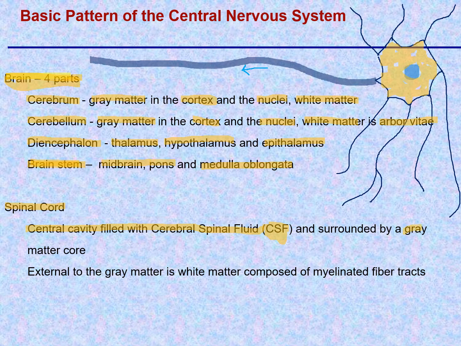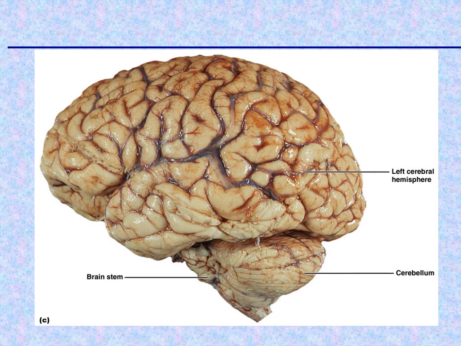Okay, so all around it is gray matter, and then external to that is white matter, which is again made up of axons. In the central nervous system, collections of axons are called fiber tracts or fibers, and they happen to be myelinated. Okay, so that's the overall fundamental structure. Let's get into some more detail.